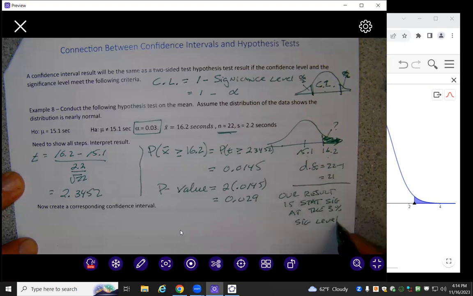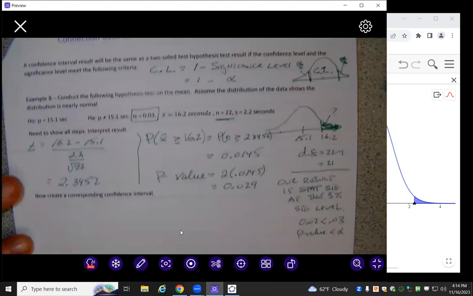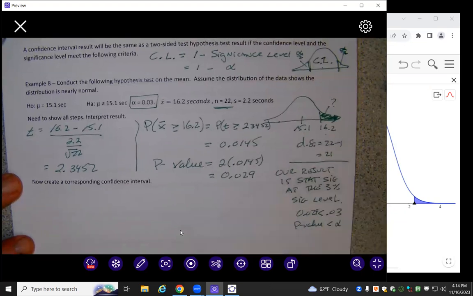And why is that? Because our p-value is less than our significance level. That's my p-value, and that's my significance level right there. So we have found enough evidence to reject the null hypothesis. So the result is reject the null hypothesis.